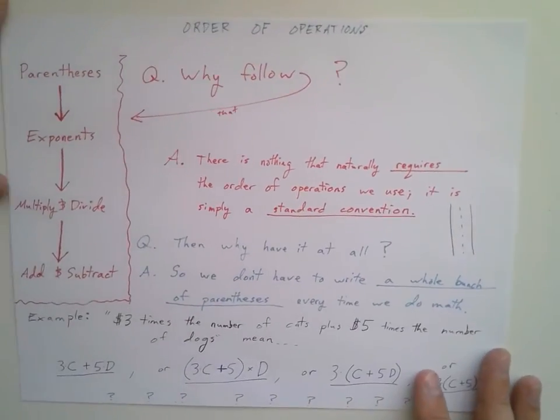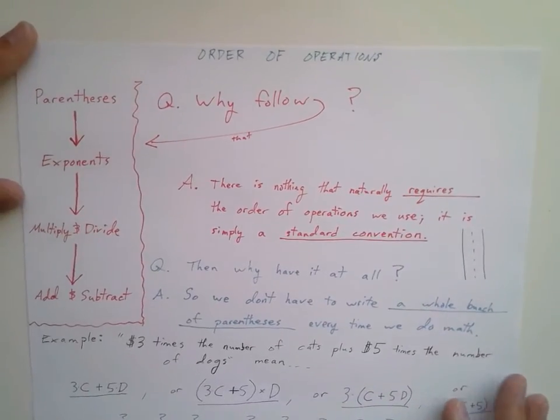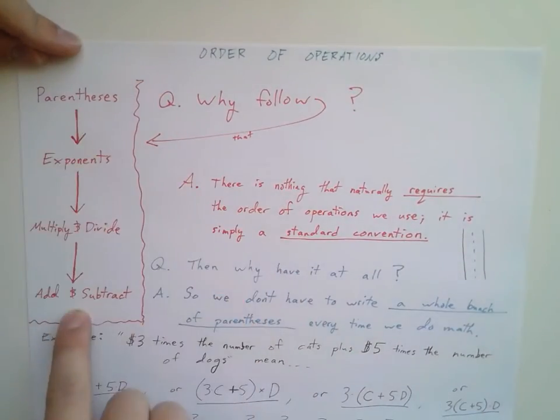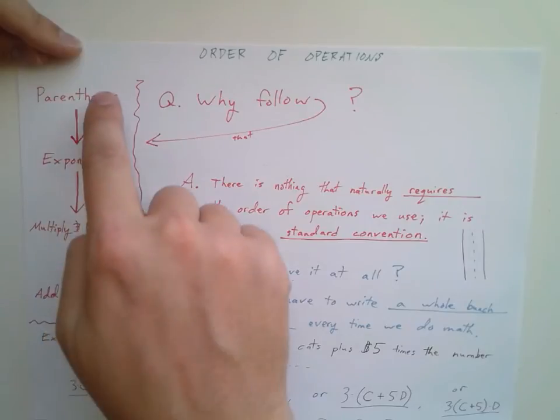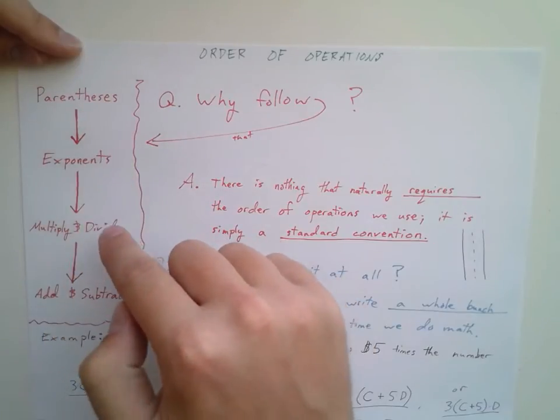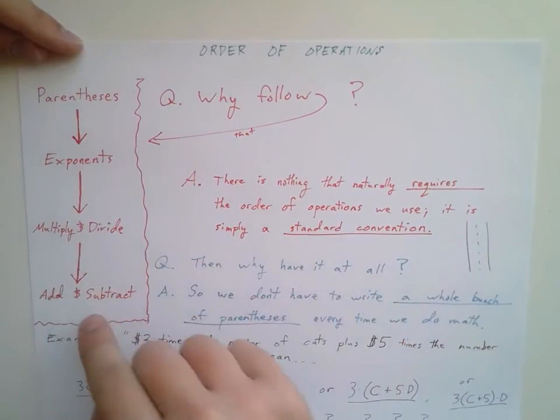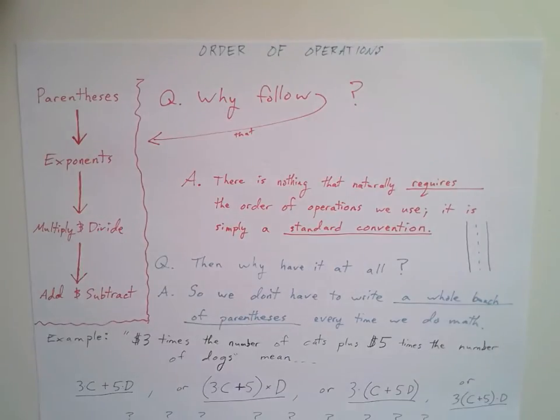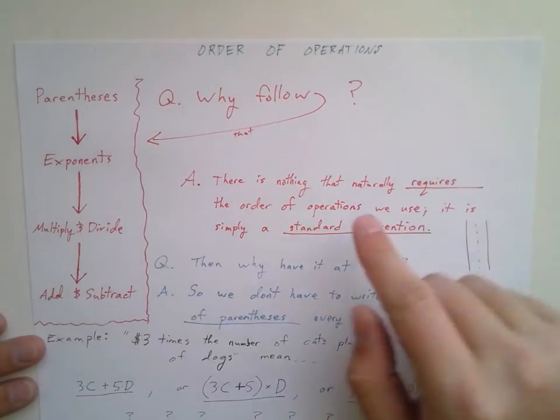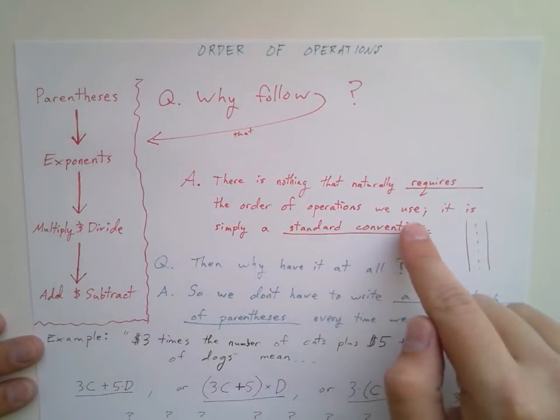Okay, so now to order of operations. Why do we follow this deal here? First parentheses, then exponents, then multiplying or dividing, then adding or subtracting. Well, it's just something somebody made up, okay? There's nothing that naturally requires the order of operations that we use.